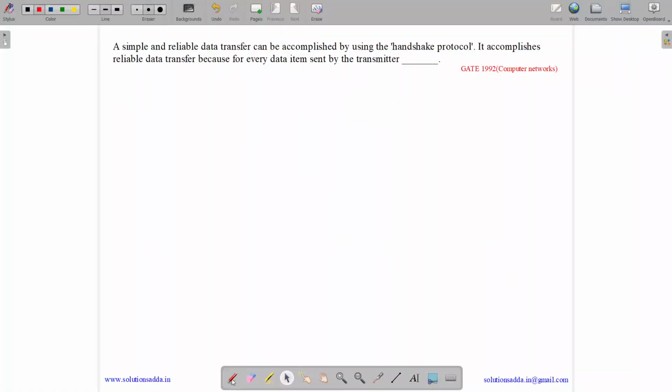This question belongs to computer network subject and was asked in GATE CSE 1992. So the question states, a simple and reliable data transfer can be accomplished by using the handshake protocol. It accomplishes reliable data transfer because for every data item sent by transmitter. Okay, so we have something called TCP handshake protocol.